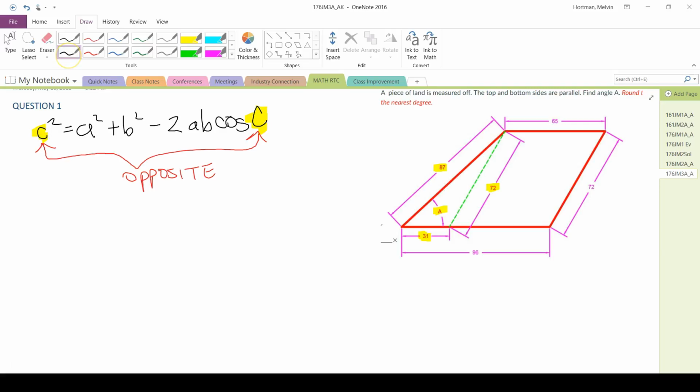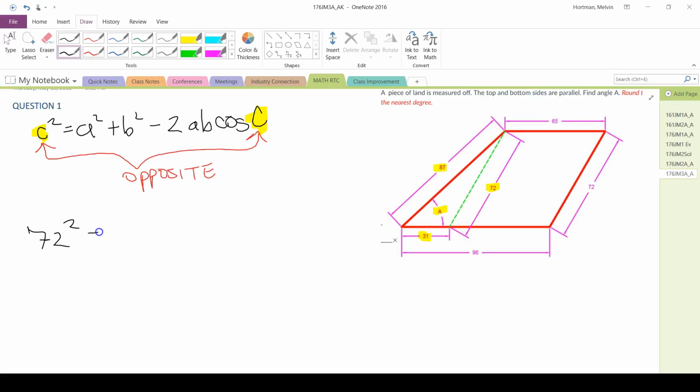So let's fill in our information that we have. I'm going to label C as 72 because we're trying to find the angle opposite of that side.